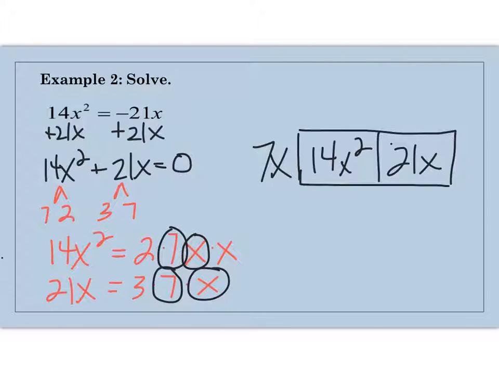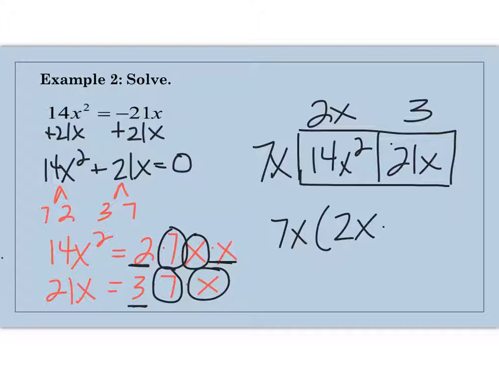To figure out what goes on top, we need to go back and look at leftovers. From 14x squared, there's a 2 and an x left over, so 2x. From the 21x, there's a 3 left over. And then I'm going to write the answer, 7x times 2x plus 3.